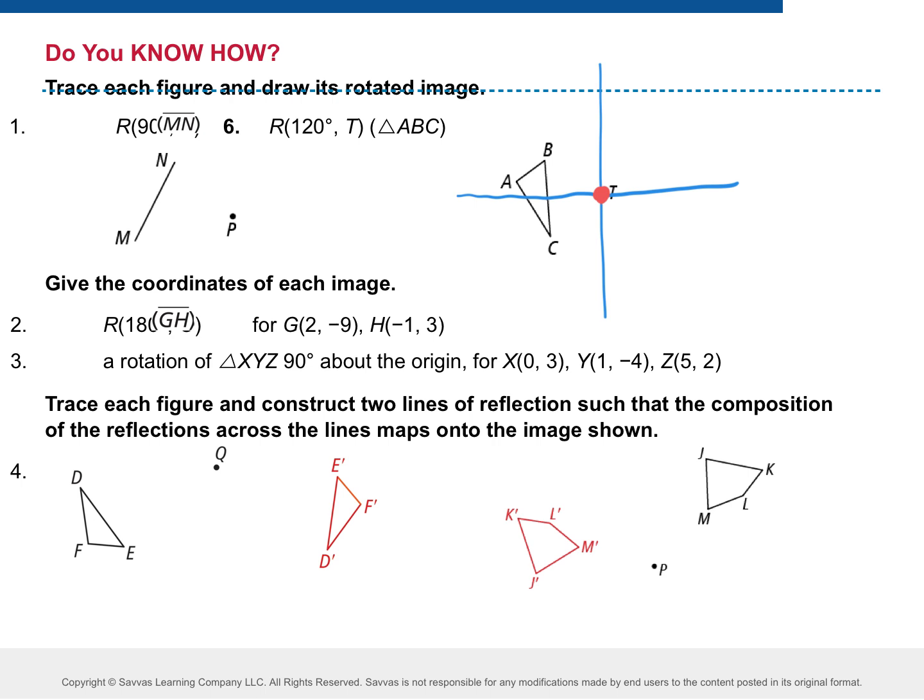Look at number 7. On number 7, it tells you 180 degrees about the origin. You're going to do the same thing we did earlier. Change those points. On number 8, I want you to do 90 degrees counterclockwise. Go do 7 and 8 right now. So 7 is 180 degrees. 8 is 90 degrees counterclockwise.